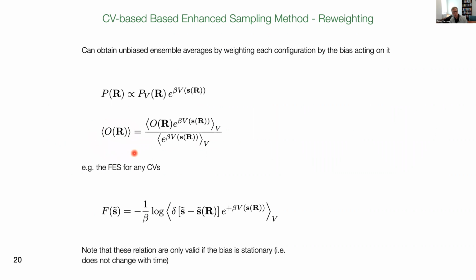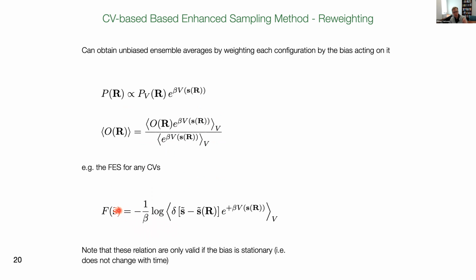So you take this as an observable in the unbiased simulation, or the original system, that you want to obtain, and you do that just by calculating the corresponding observable in the biased simulation. But to each sample, you just add this weight here, and this is a sample average in the biased simulation. So then you also need to put this here to make sure that this is still normalized. So this is how you can do this reweighting.